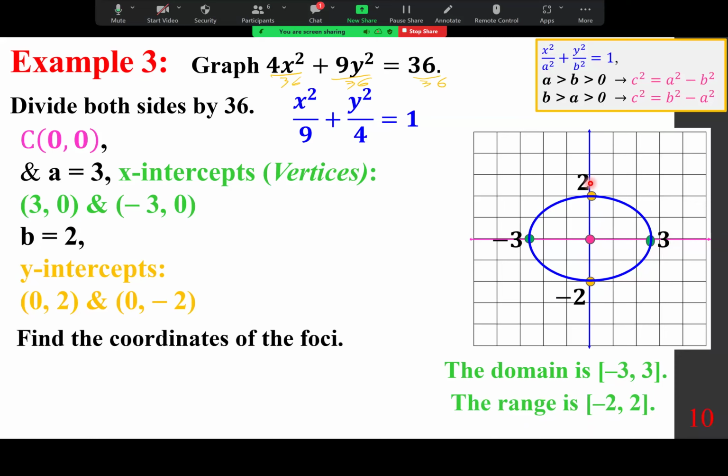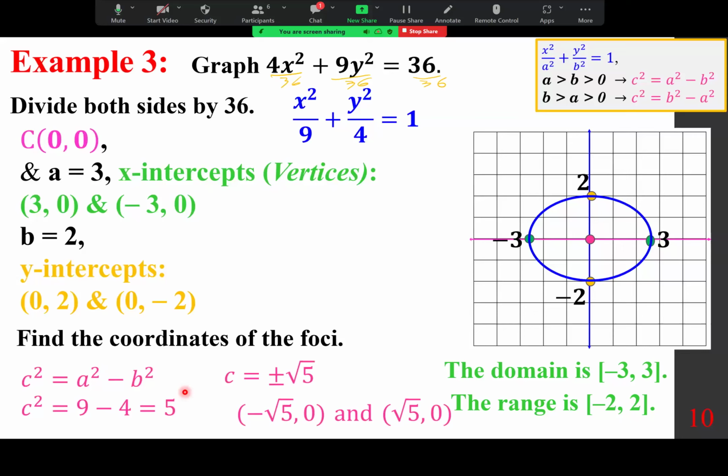To find the coordinates of the foci, remember the Pythagorean theorem, c squared is a squared minus b squared, because this is elongated along the x-axis, a is larger than b. And 9 minus 4 is 5, so c is plus or minus square root of 5, and therefore the foci are located at (-square root of 5, 0) and (square root of 5, 0).